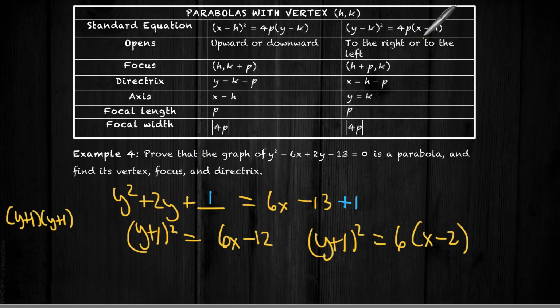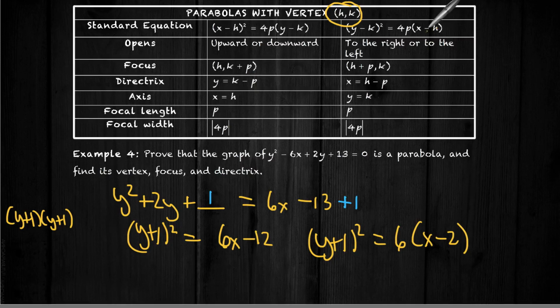And so now we can see what type of parabola it is. This is going to be an x equals y squared parabola, so it's going to be opening up to the right. And so we can now find the vertex. We notice that the vertex is (h, k), so let's circle that.